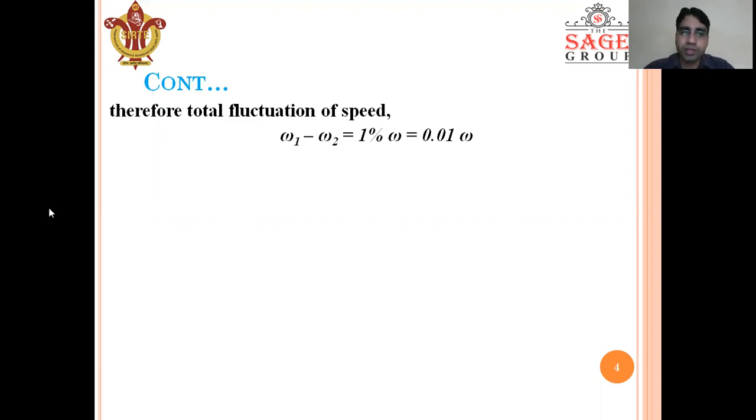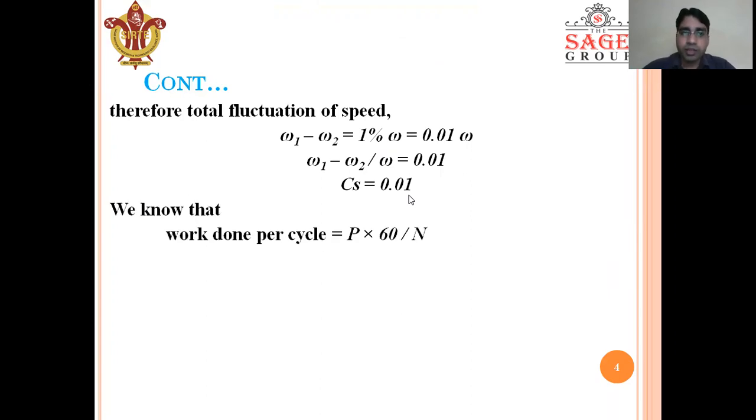That means the fluctuation of speed equals 1% of mean speed, that is 0.01 omega. And omega 1 minus omega 2 divided by omega is equal to 0.01, which is the coefficient of fluctuation of speed, represented by Cs. So Cs is equal to 0.01.